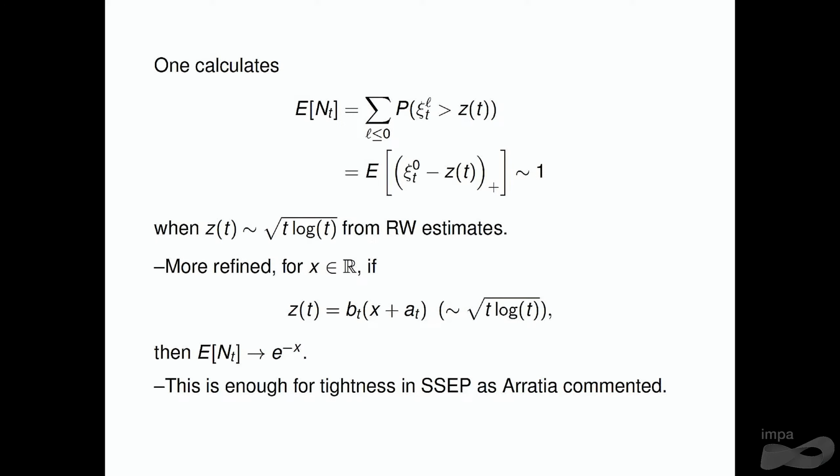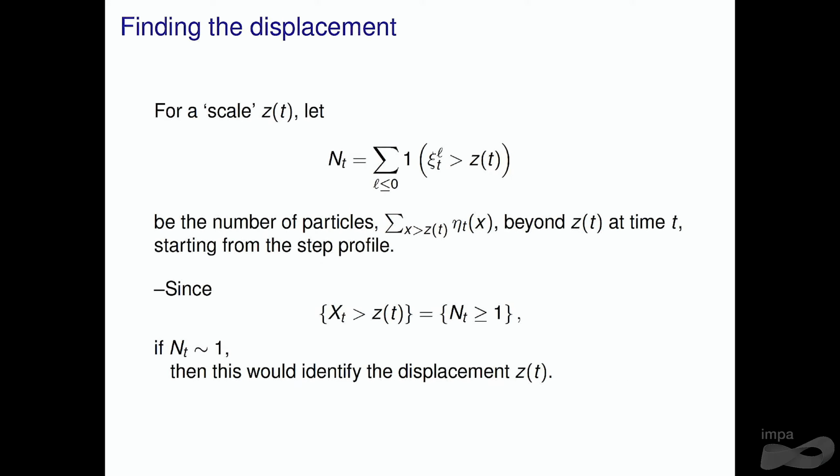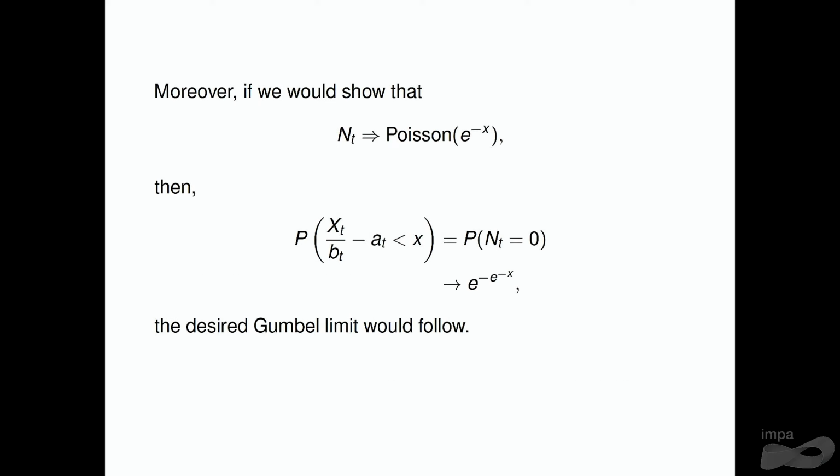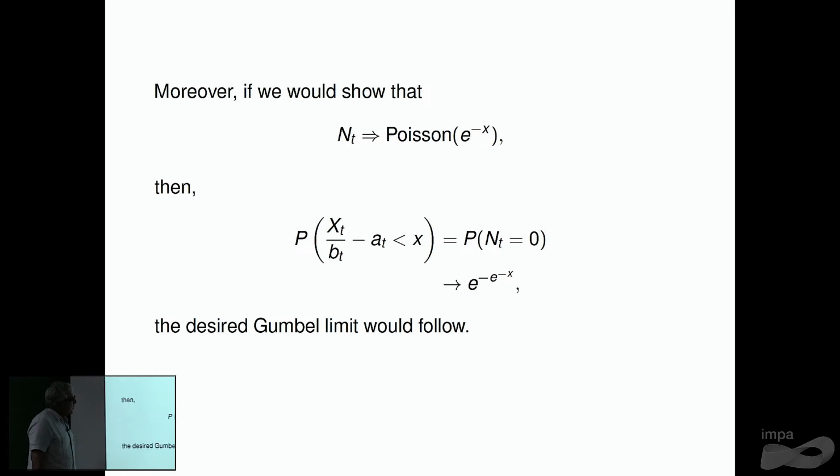Okay, and so that already tells you, from this relation, that we have the tightness that Aratia mentioned. But moreover, we can go further, and this is part of what we were doing.